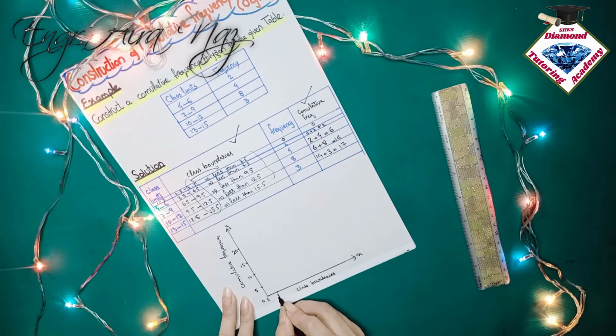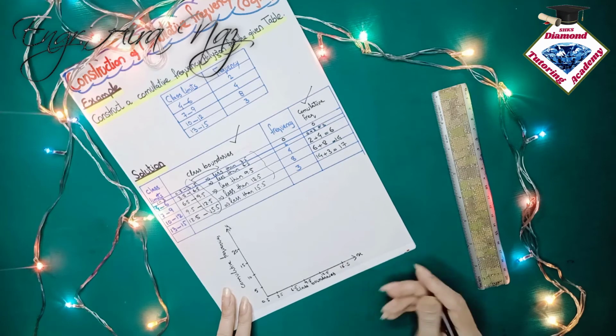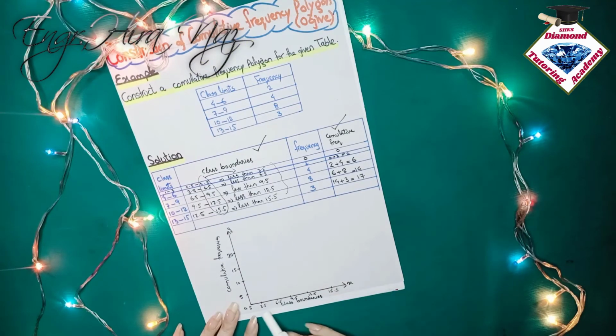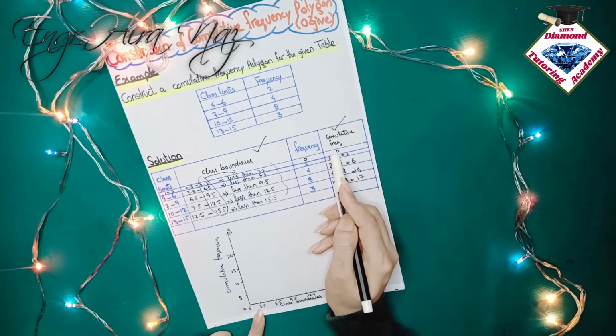For the x-axis: 3.5, 6.5, 9.5, 12.5 and here 15.5.